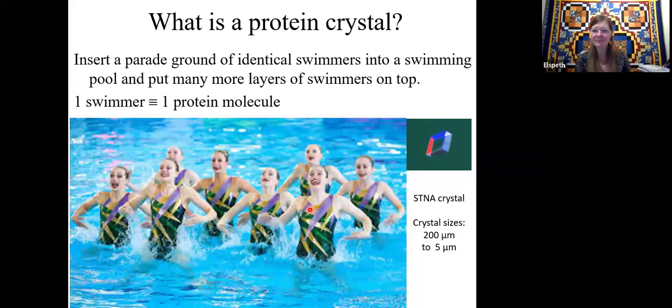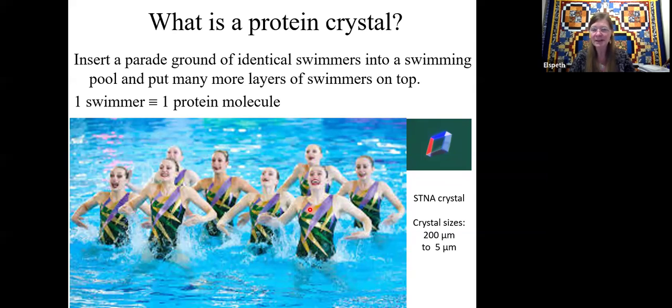And this is very representative of how a protein crystal will have different conformations of the protein, of the flexible loops. But what we end up with in our electron density map at the end of our structure determination is actually a space and a time average of all of the protein molecules, i.e. the swimmers. But what you notice is that they're in water.